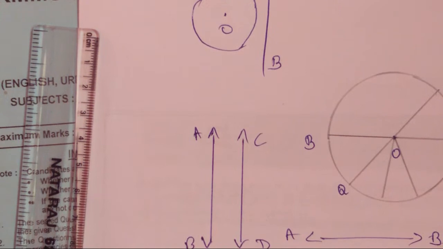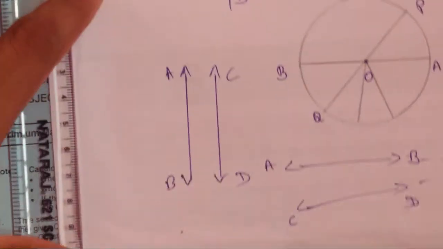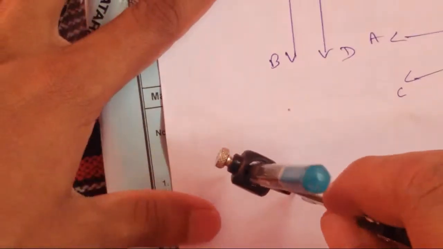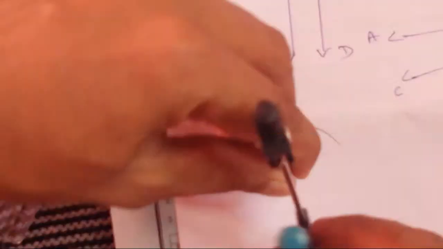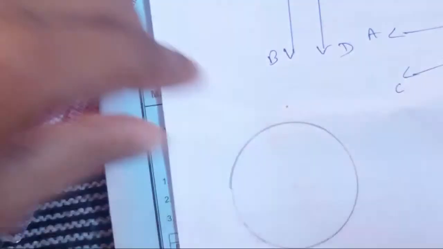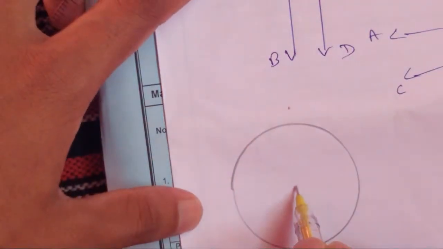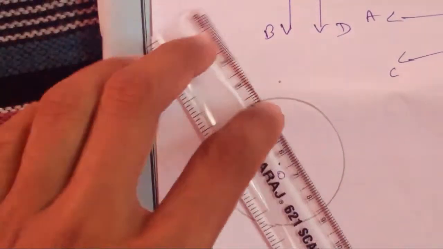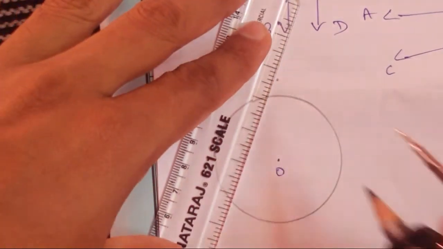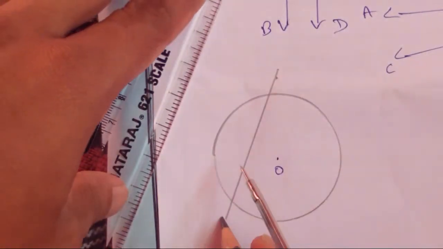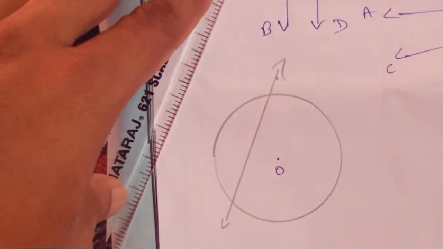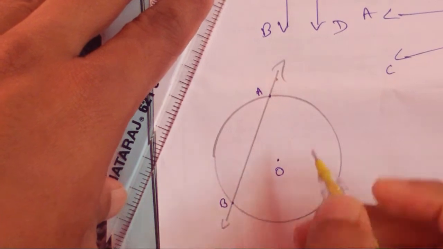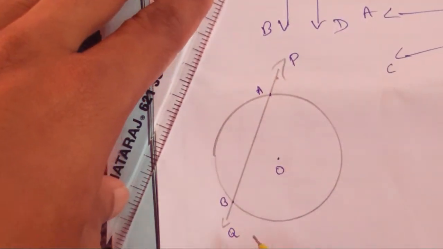Okay. So now the second diagram in that is a circle drawn of a particular radius, and I'll call the center as O, and one line is drawn which contains A and B as points on the circle, and line PQ.